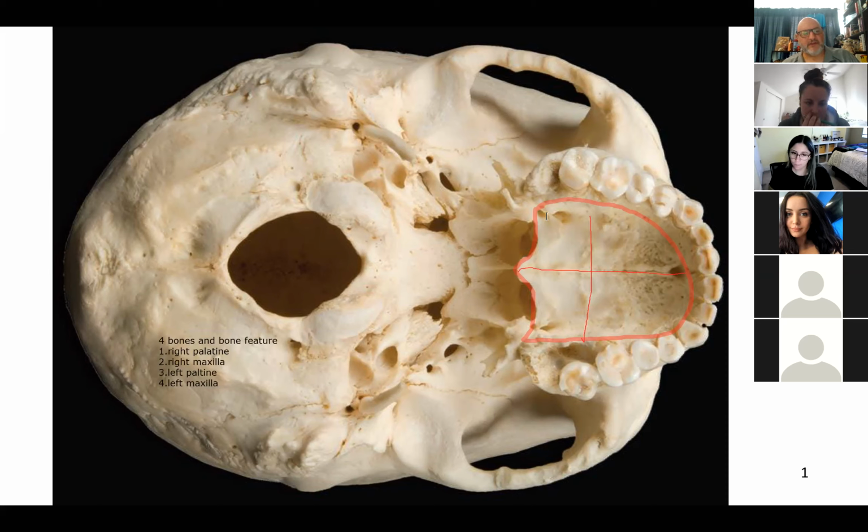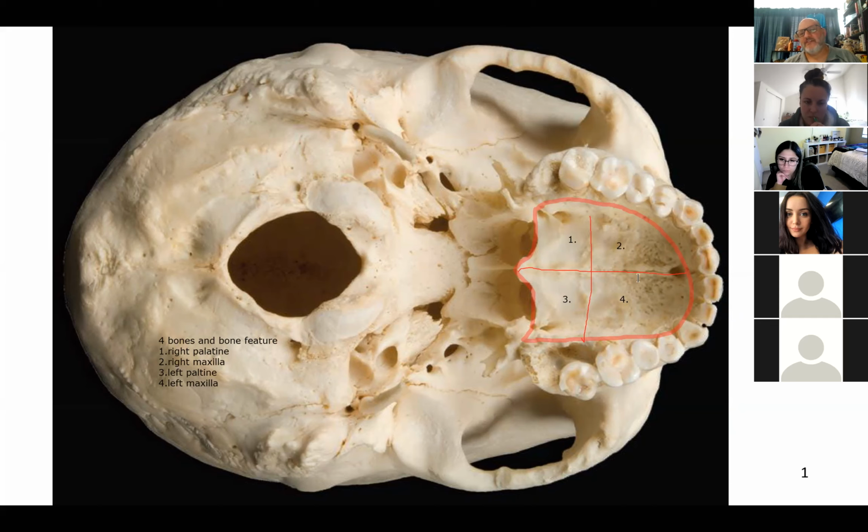And let's do the numbers. So right palatine would be, got to orient myself here, that would be 1 there, and that would be 2 there, and then that would be 3 there, and then that would be 4 there. Excellent. So we have identified the 4 bones.